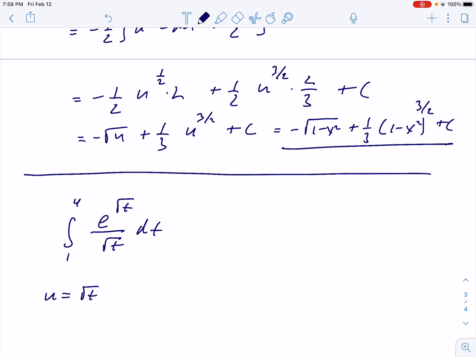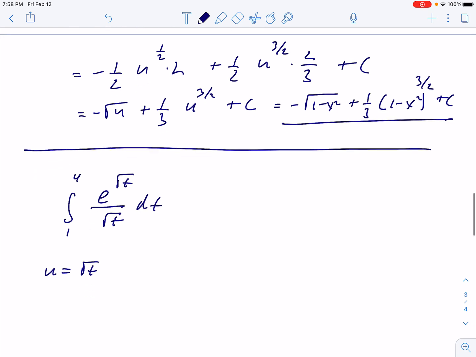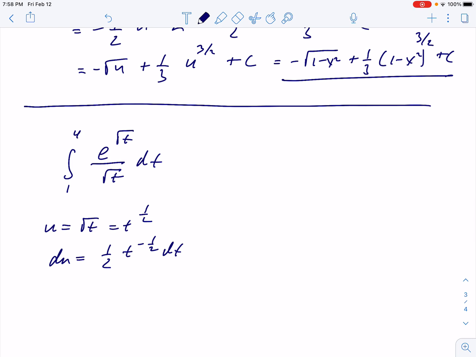We set u to be square root of t, which is t to the 1/2. du will be 1/2 t to the negative 1/2 dt, which is 1/2 dt over root of t. You see this is present in the integral, dt over root of t. So we can write dt over root of t as 2 times du, solving for this expression.